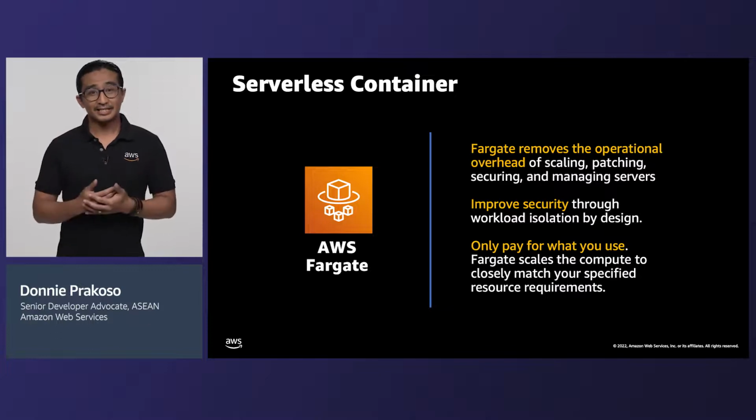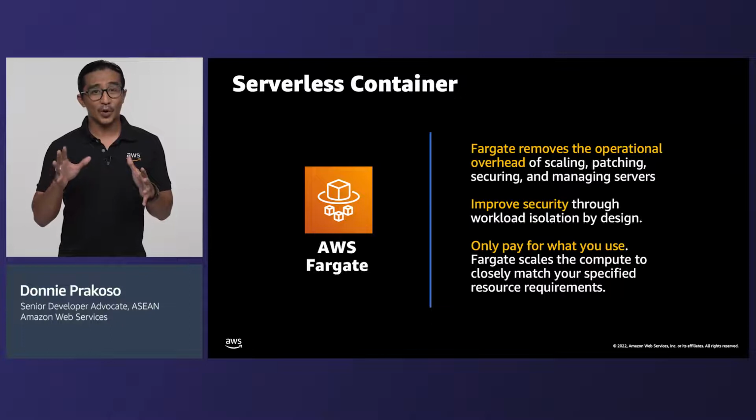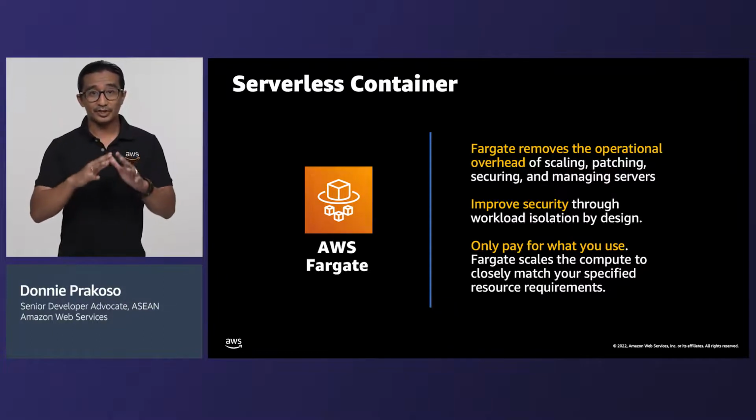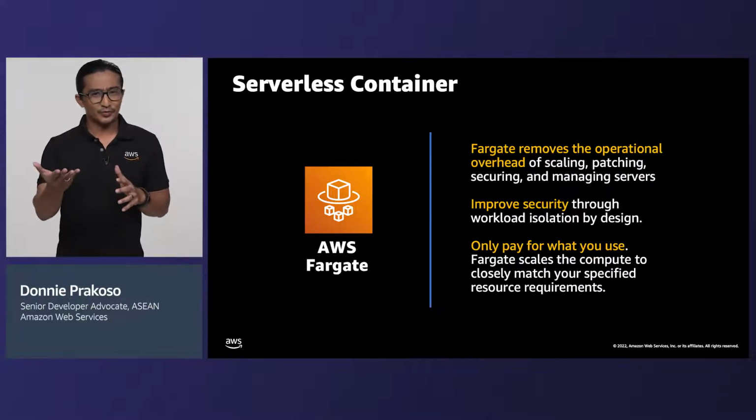As Amazon ECS is the container orchestrator, it still needs computing instances to host our application. And I'd like to share with you about AWS Fargate, a serverless container and fully managed data plane that you can use to run your application. And why does Fargate matter to you?